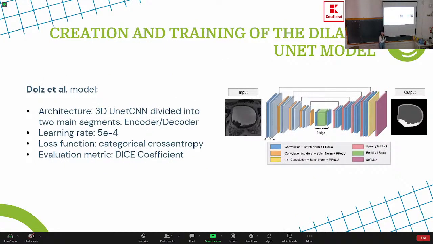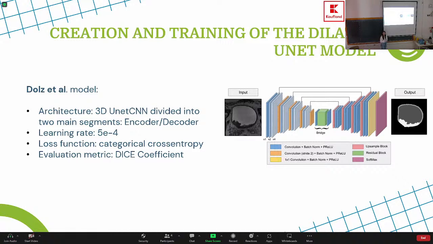Creation and training. Now, we have the dilated UNet. The interesting thing is that it uses progressive dilation for every level. You can see the stride goes from 1 to 4 for every part in the encoder. The architecture is a 3D UNet, divided into the main parts as usual for a UNet, encoder and decoder.